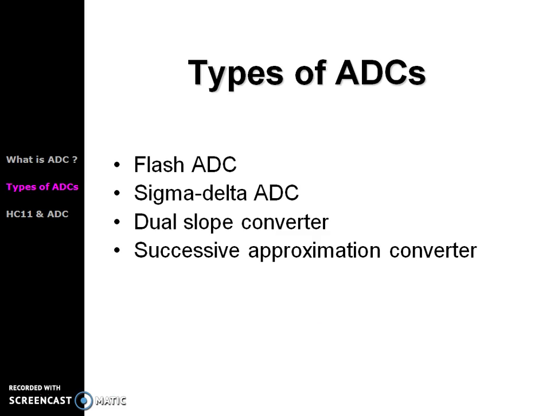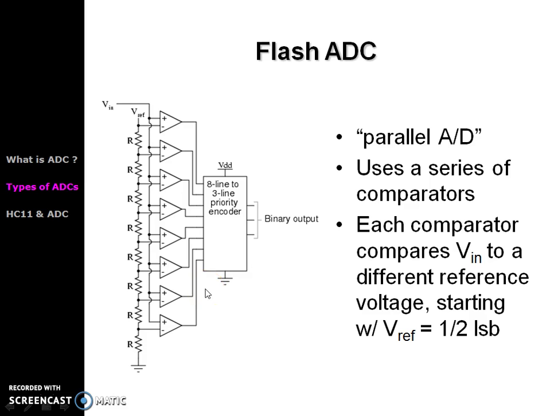Next, different types of ADCs. The different types of ADCs are flash type ADC, sigma delta ADC, dual slope ADC, and successive approximation ADC. Now we'll discuss the parallel type or flash type ADC. Here, to convert an analog signal into a digital signal, we need 8 operational amplifiers, used as comparators.